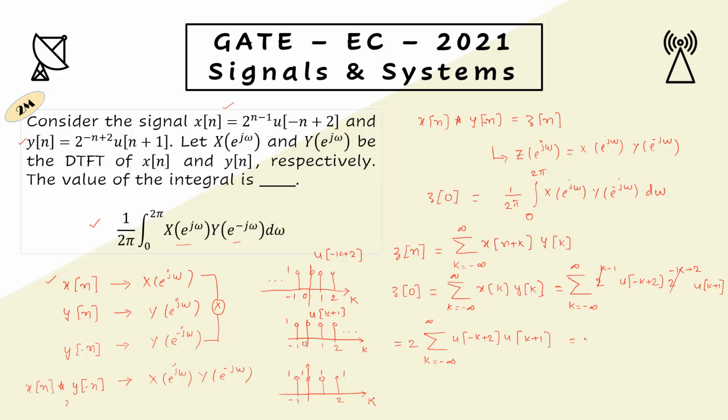That turns out to be 2 times the number of samples. We have 4 samples from minus 1 to 2, all with amplitude 1. If you sum all of them, you get 1 plus 1 plus 1 plus 1, which is 4, so the total is equal to 8. In that way we can evaluate this problem. Hope you have understood the concept. Thank you.